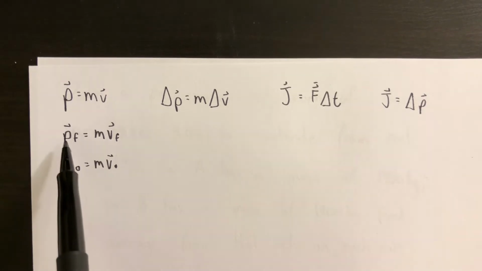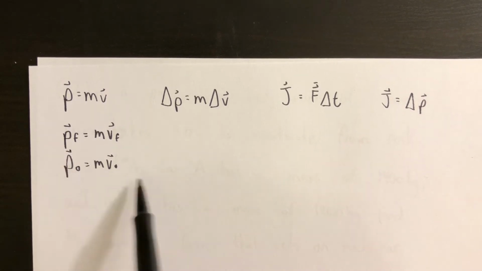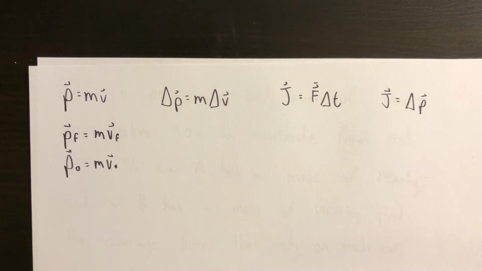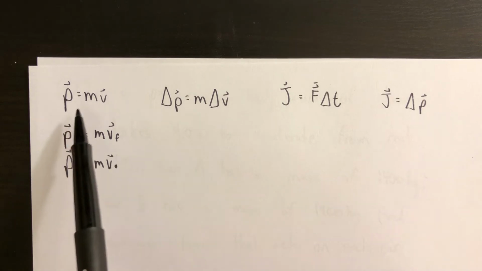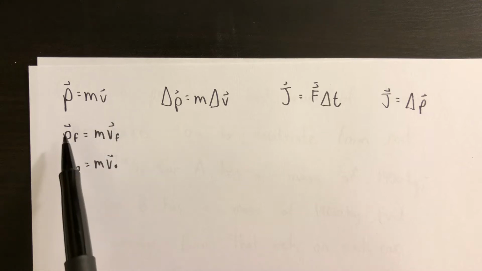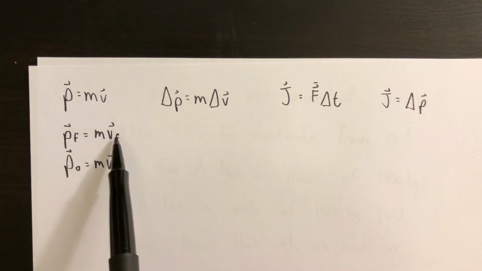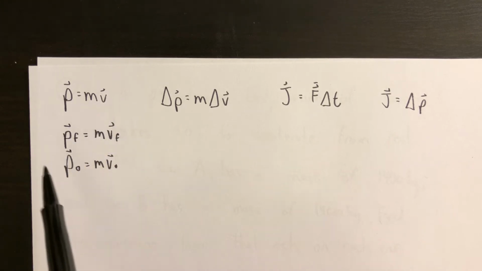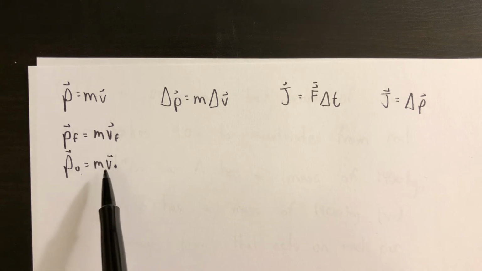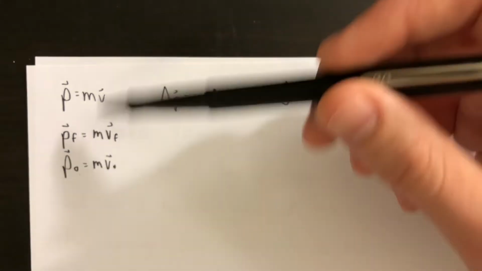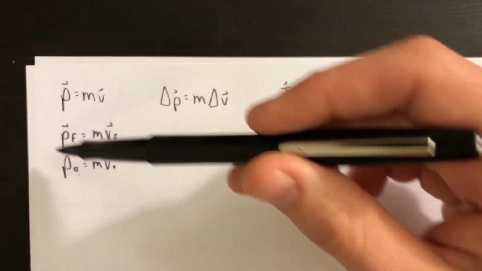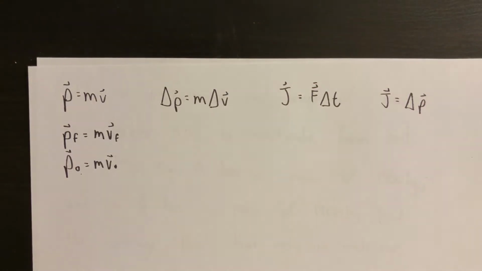So by putting subscripts F and O, I can have final and initial versions of this equation. So momentum is mass times velocity, but final momentum is mass times final velocity. Initial momentum is mass times initial velocity. So if our momentum is changing, this is a way that we can get momentums for 2 different moments in time.